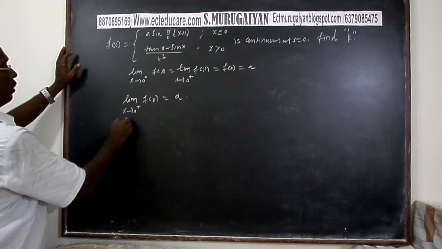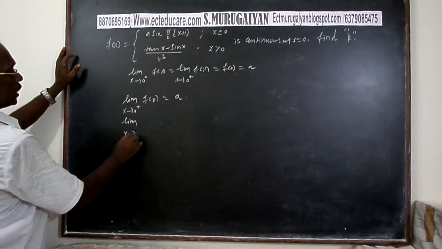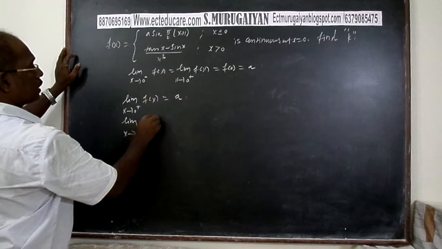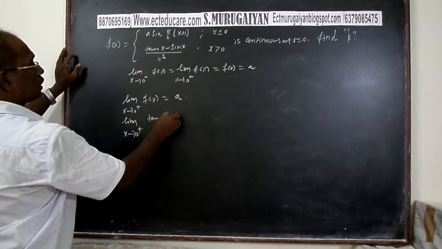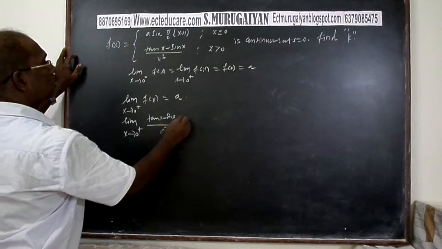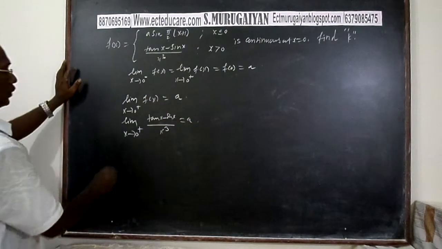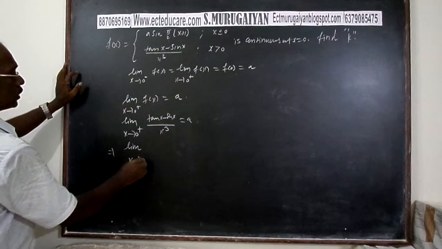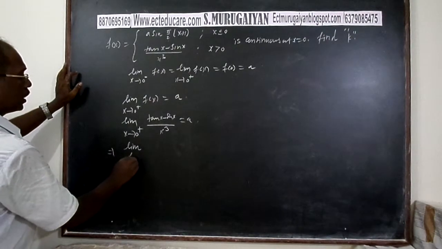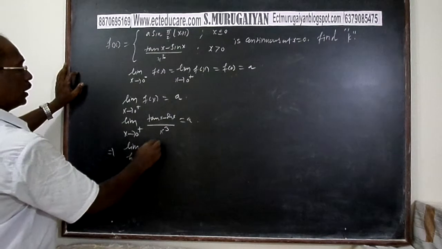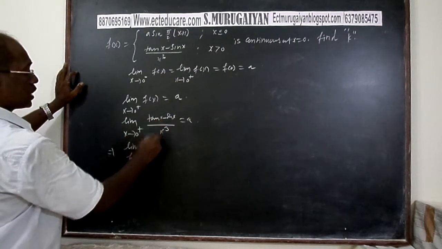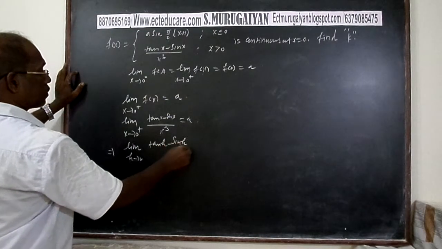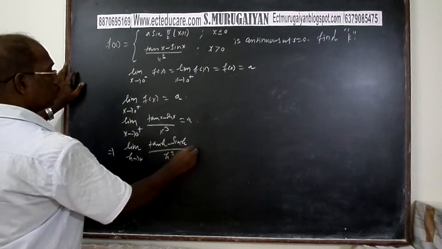Okay, then the limit as x approaches 0 plus of f of x, for x greater than 0, (tan x minus sin x) by x cube is equal to a. And this implies, we can convert to h approaching 0, then x becomes 0 plus h straight away: (tan h minus sin h) by h cube is equal to a.